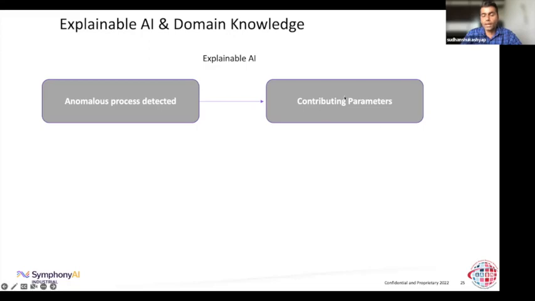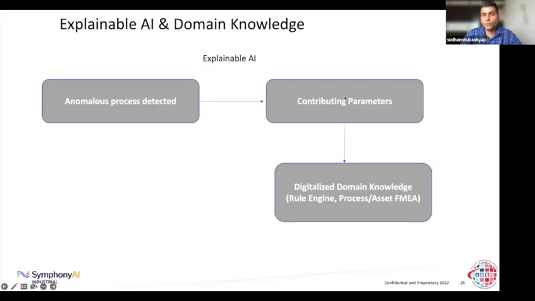And once you have that knowledge from AI models, you could have digitalized domain knowledge, because as we work in this industry, we know there are certain kinds of problems that happen, and these are the ways to solve them, and all that knowledge is available with us. So the next thing we have to do is take that knowledge from our experts and digitalize it in a digital format which could work together with this AI system.